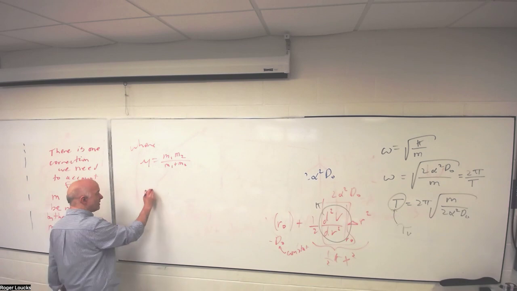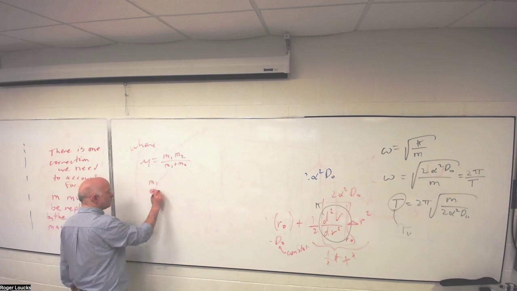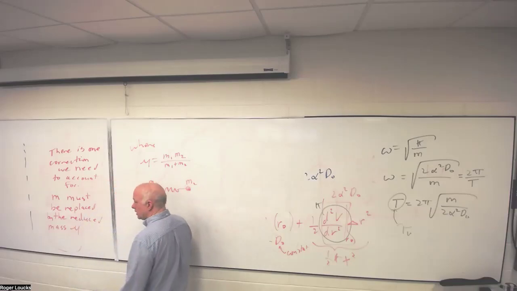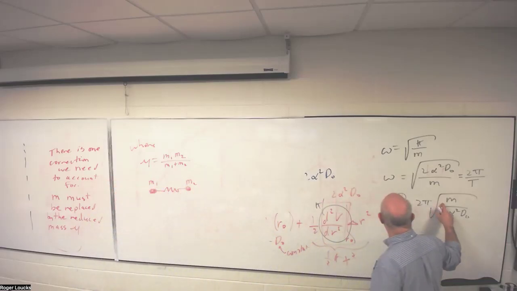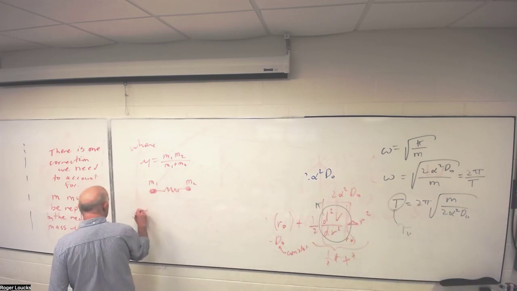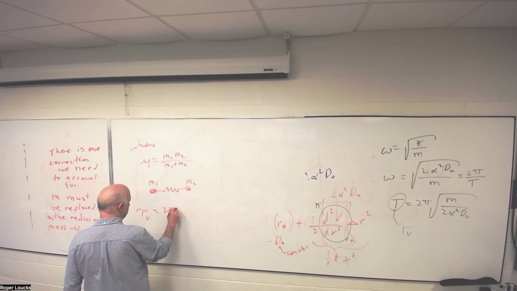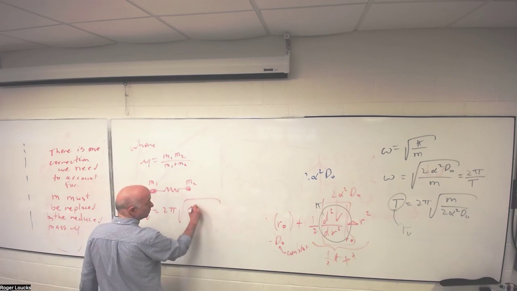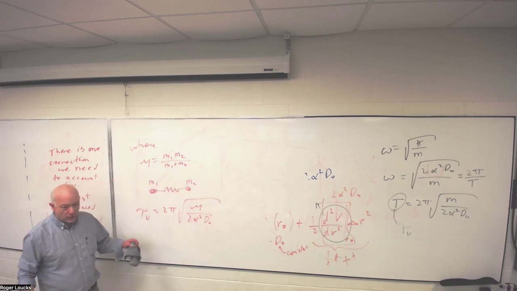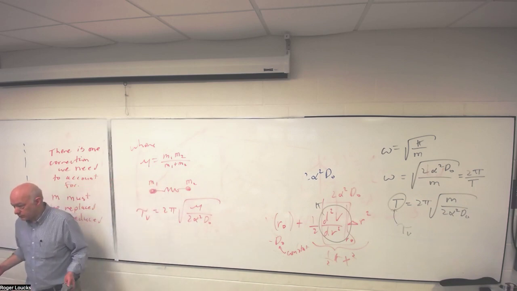Because what we really have is M1 here, some sort of spring between the two, and here's M2, and this M here has to be replaced by mu. So what we really have is that this vibrational time scale is going to be 2 pi square root of mu over 2 alpha squared D naught. I want to show you why you need that.